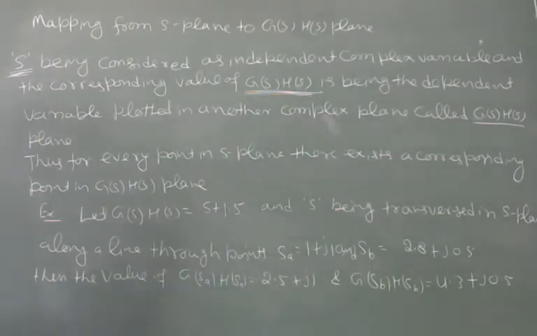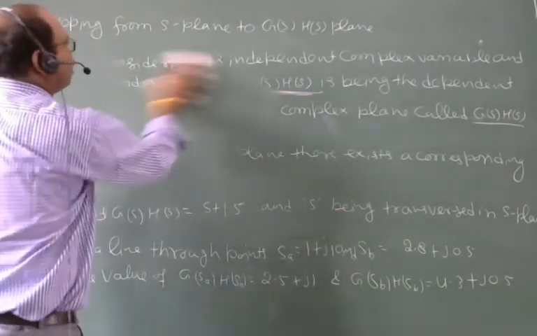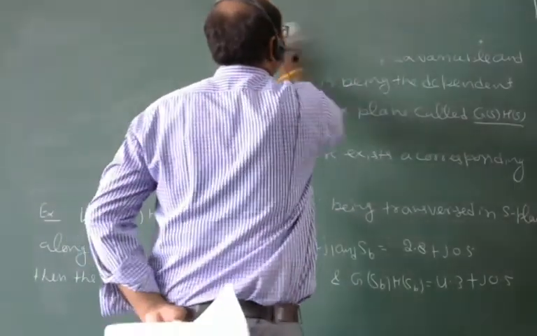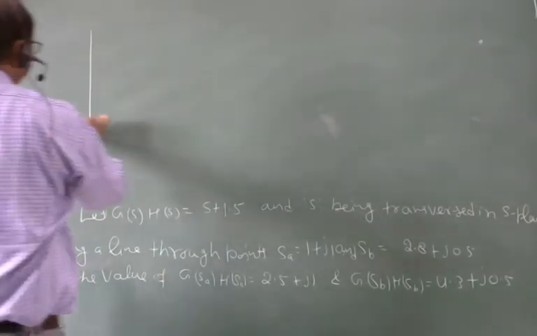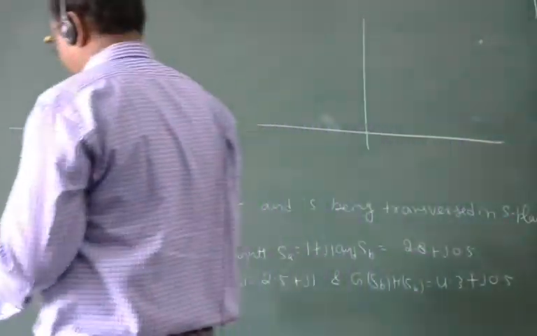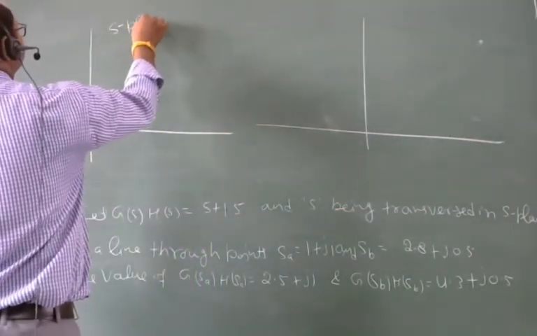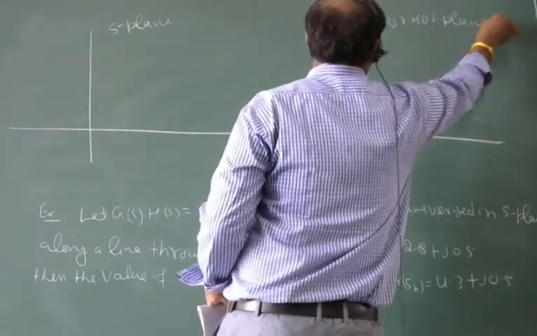So the GSHS plane is nothing but the dependent plane of the S plane. For example, if I take it graphically, this is the S plane and this one is the GSHS plane.